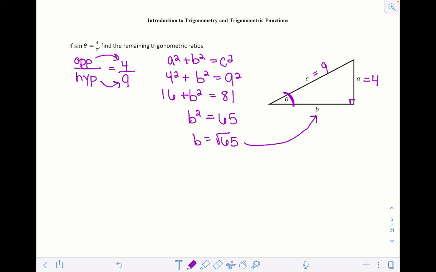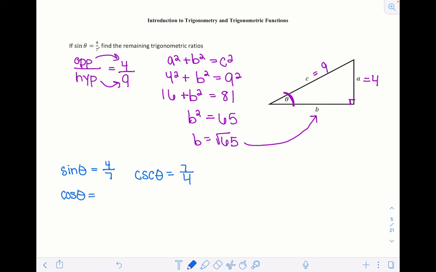So now let's write all of our trig functions. We already had sine, but I'm just going to write it down again. That was 4 over 7. So actually, without doing the extra work, just knowing that we're dealing with reciprocals, I could get cosecant right away, which would be 7 over 4.